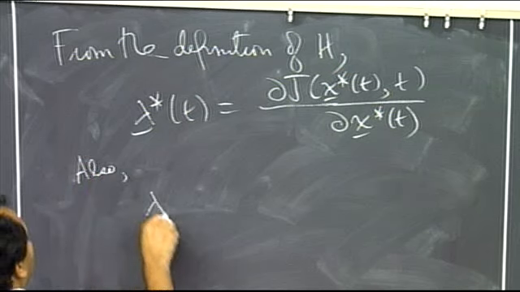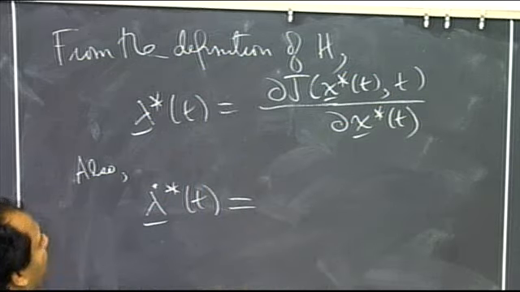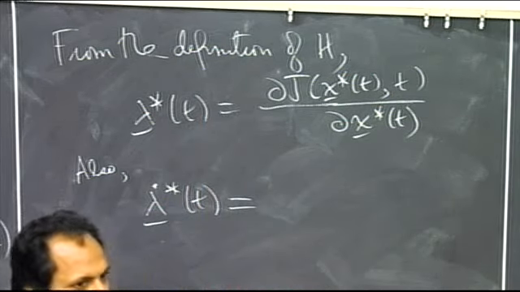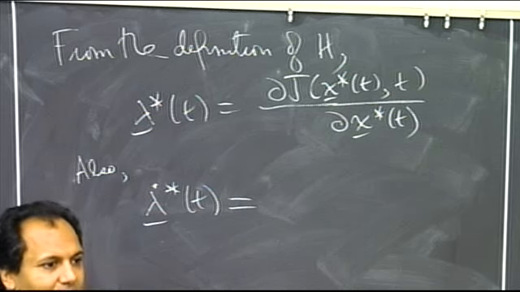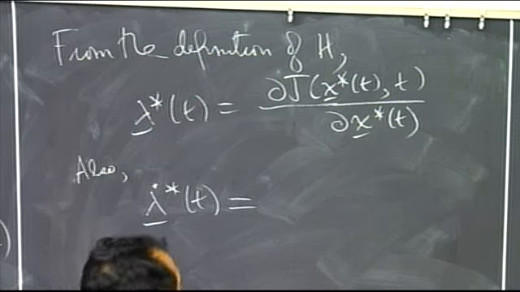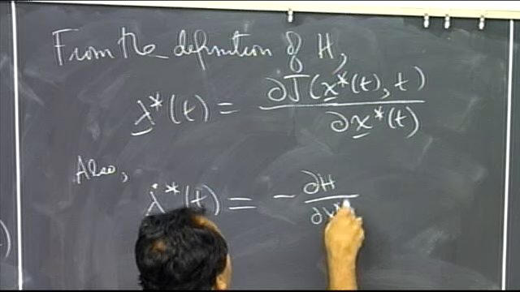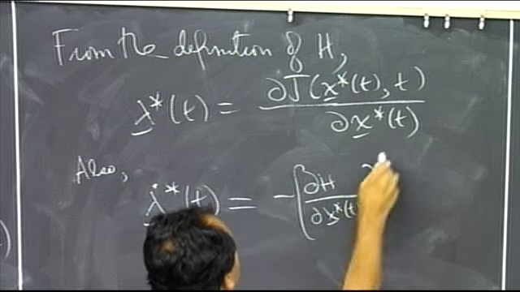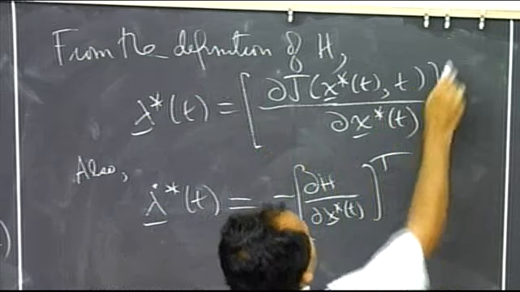We know that lambda dot star of t, having nothing to do with this, what's it equal to? Come on. You're 10 weeks into an optimal control class. I've gone through this many times. What's lambda dot equal to? Minus the partial of H with respect to x star of t, transpose, right? Actually, this is a transpose.